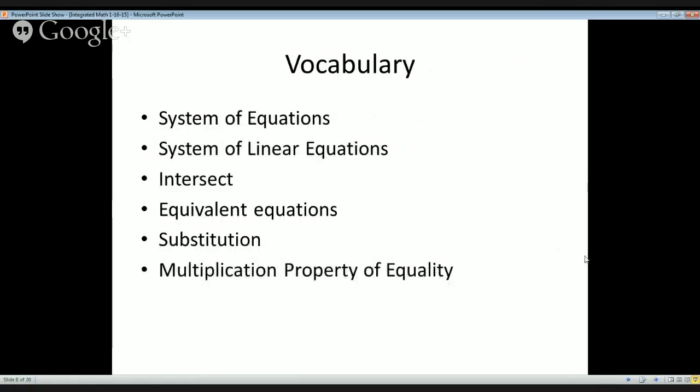So as we start talking about systems of equations, we need to think about some vocabulary. And so here's a few vocabulary words that you're going to need to become familiar with. So go ahead and jot those down. Again, I'll give you about a minute or so to get those copied down. And if we move on, you can go back and grab them from the recording.